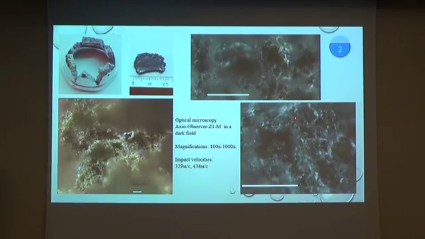And then we see the pores, which coalesce with each other, with sizes of some micrometers, and the next level is the sub-micrometer pores.